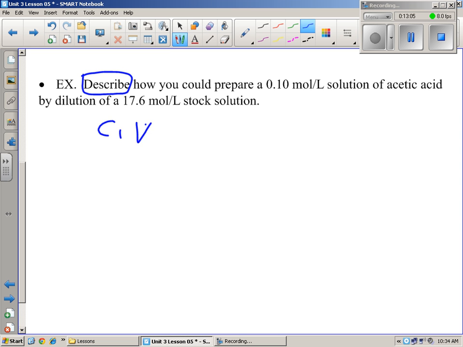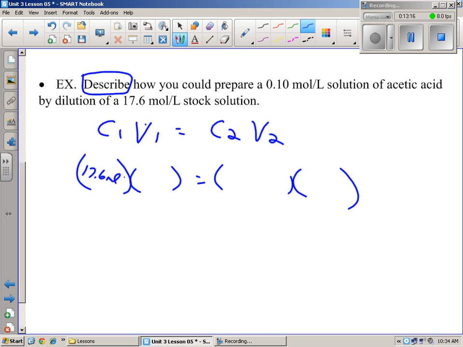Well, keyword, dilution. So I'm starting with 17.6 molar, and I'm going to dilute it down to 0.10 molar.